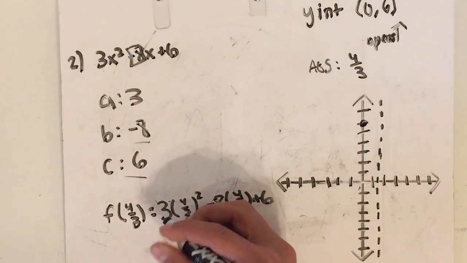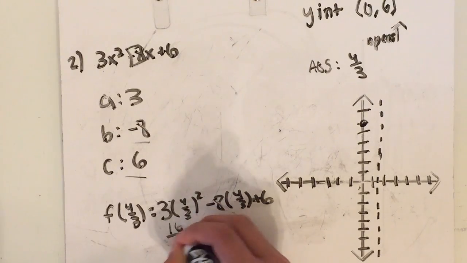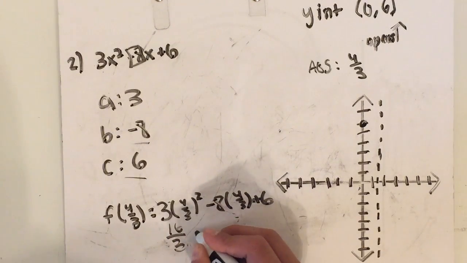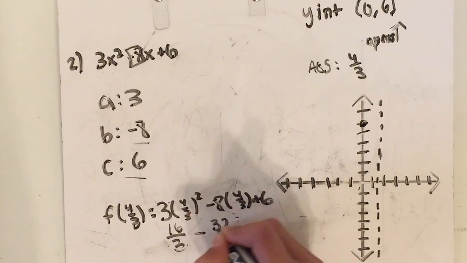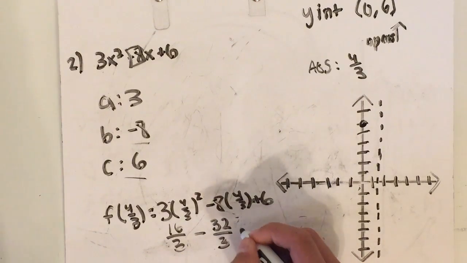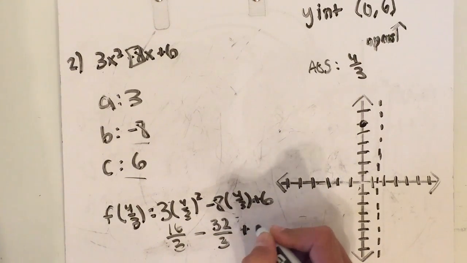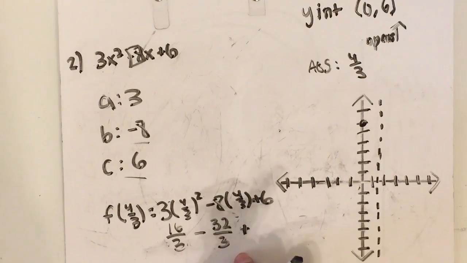So it's 16 over 3 minus, so 8 times 4 divided by 3, 32 over 3. So 32 over 3 plus 6, and then we'll make this a fraction too.